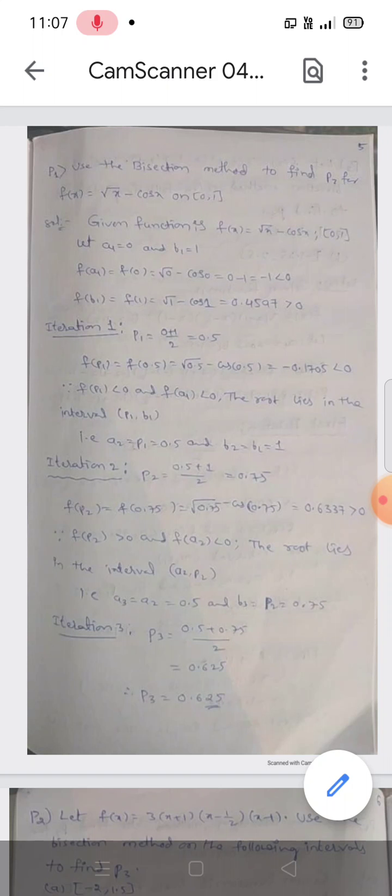Okay, iteration 1. Substitute n = 1 in the formula. p1 is equal to a1 plus b1/2, that is 0 plus 1/2 equals 0.5.